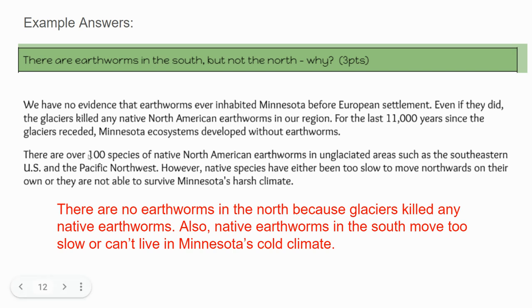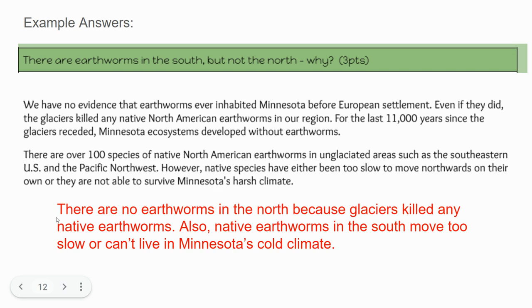And if I were to read this, which I've already read out loud on your other page, this paragraph up top here talks about glaciers. And this one here talks about how in the south, the native earthworm species move too slow northwards on their own, and they're not going to be able to survive our harsh climate up here. So there's kind of two reasons there's no earthworms up here.